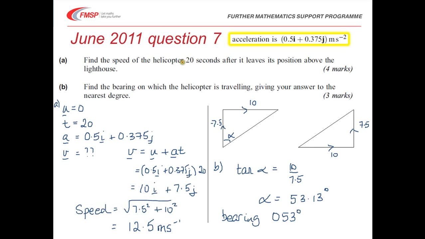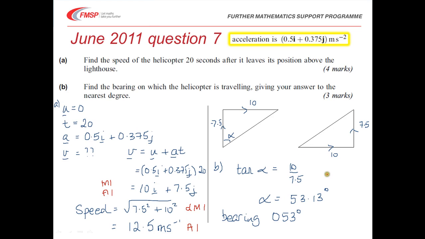In this first bit, there were 4 marks for part A. You got a method mark and an accuracy mark for finding the final velocity vector, and then you got a method mark for finding the speed, but that method mark was dependent on you getting the method mark up here, and then you got an accuracy mark for finding 12.5 metres per second.